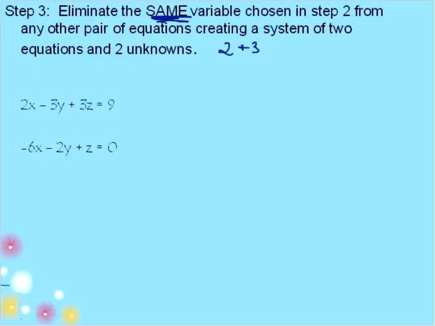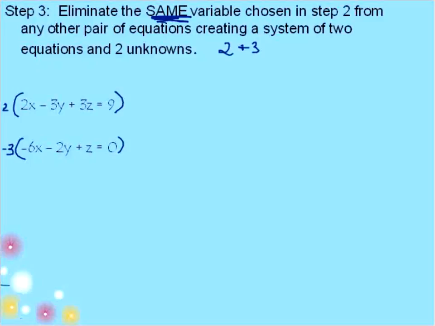To eliminate the y variable in these equations, I need to multiply. If you notice, we have a negative 3 here and a negative 2. So a common multiple would be to have a 6 there. We want one to be negative and one to be positive. So I'm going to multiply the top equation by 2 and the bottom equation by negative 3. That will give me a 6 and a negative 6.